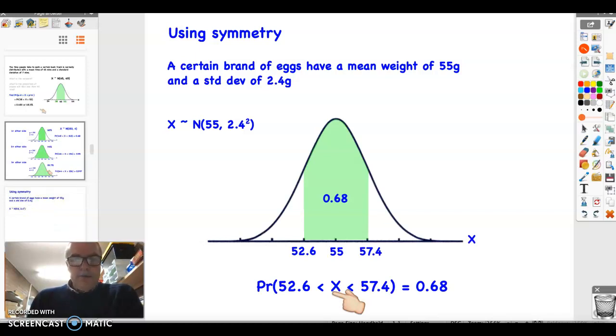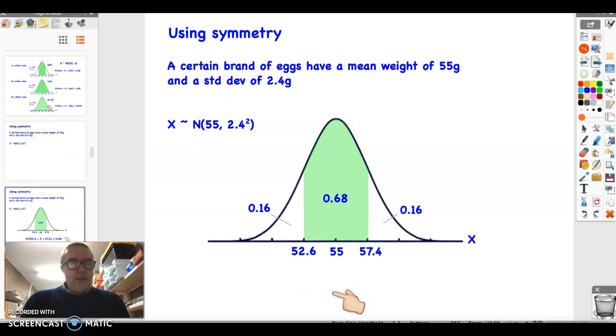So, using our confidence interval, one standard deviation below and above the mean, so within the limits of 52.6 grams and 57.4 grams for an egg, 68% of eggs of this brand will lie between those two boundaries.